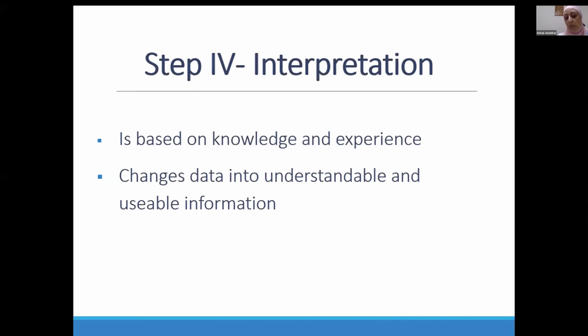So it's important that we are interpreting the data in a way that's understandable to people who are non-statisticians and to policymakers who may want to use this information. For example, we can isolate the wards where the feverish patients are or something like that. So it has to be something that we can use.